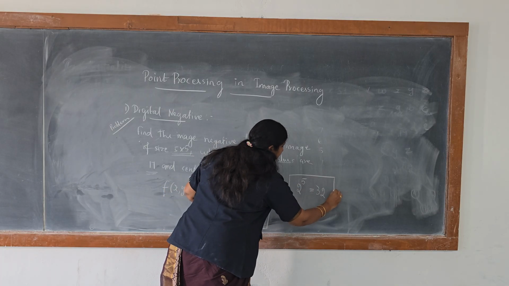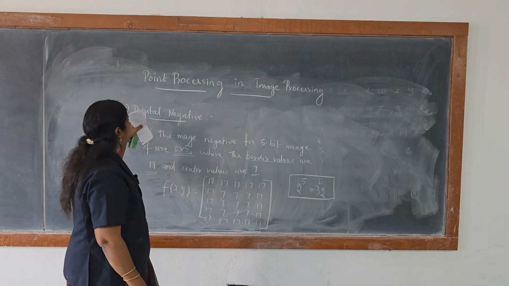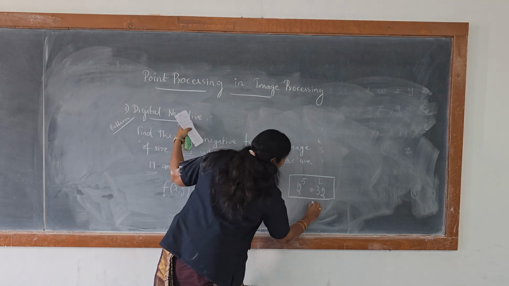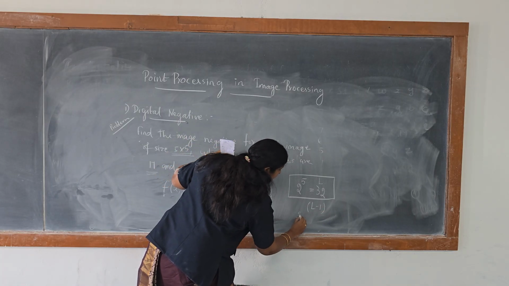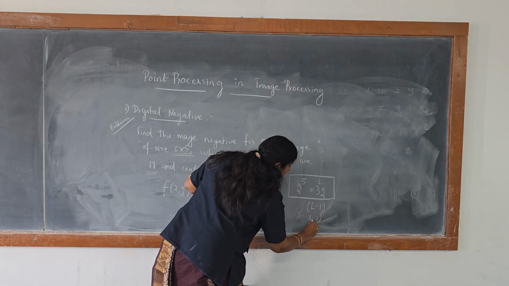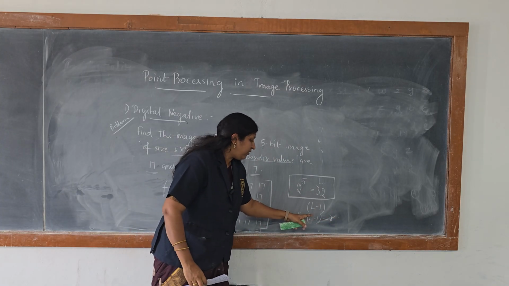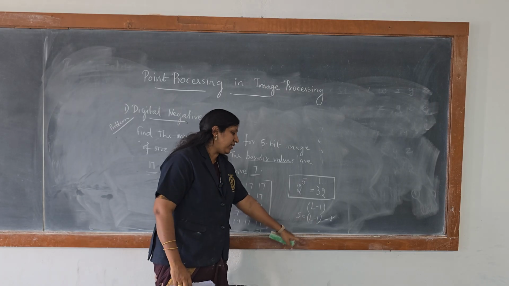So, we are taking this relation to find the L value. So, in digital negative, we need the L minus 1 value, because the relation is S is equal to L minus 1 minus R. So, if you know the L value, we can calculate L minus 1. So, the L value is 32 here and the L minus 1 value is 31.